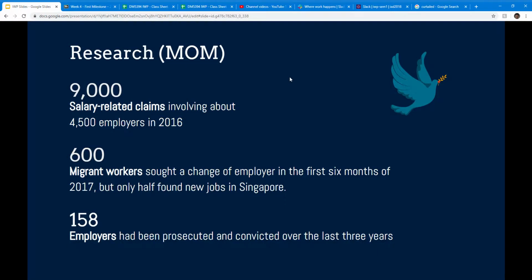Researching on MOM, there were 9,000 salary-related claims. 600 migrant workers sought a change of employer in the first 6 months of 2017, but only half found new jobs in Singapore. 158 employers have been prosecuted and convicted over the last 3 years for not paying wages, but the number is still low because the ministry favors a peacemaking approach over a harsh one in resolving salary claims to maintain its business-friendly reputation.